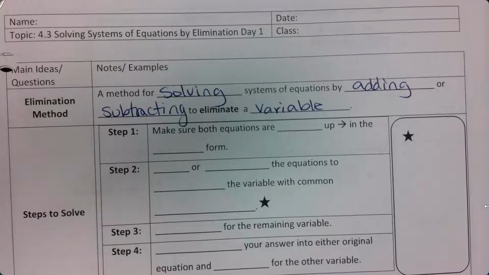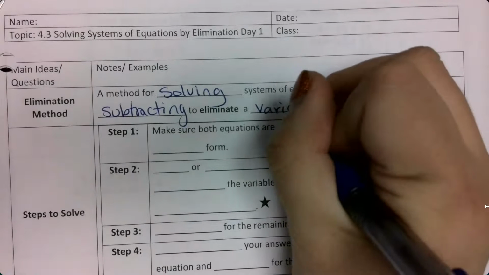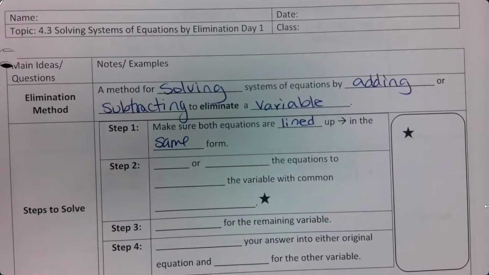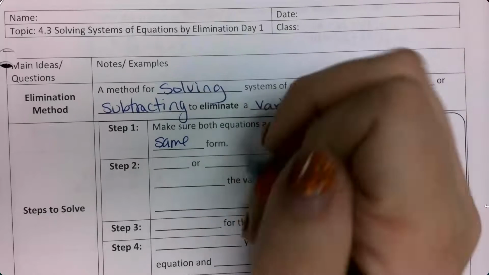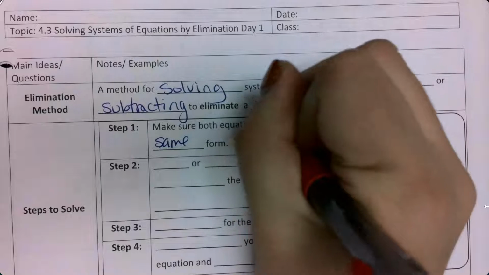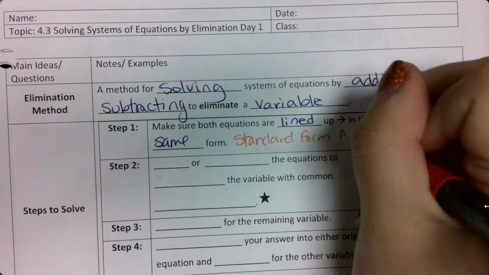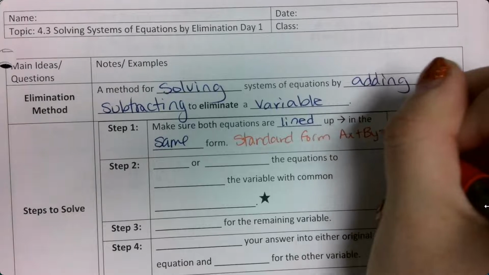So my first step is to make sure that my equations are lined up in the same form. Typically, we like this being standard form, which is ax plus by equals c.